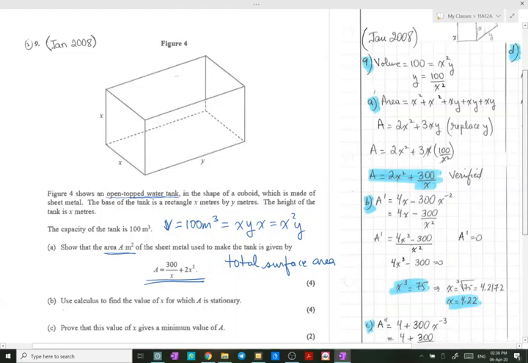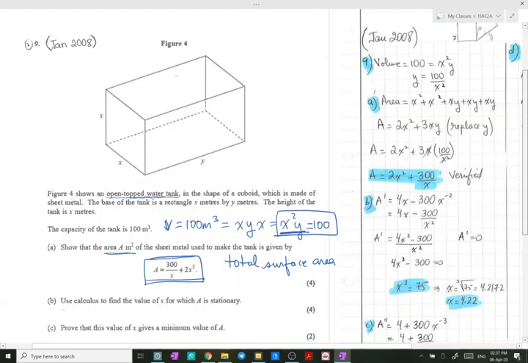So we start with finding the volume, and when we find the volume, it's going to be x squared times y equals 100 meters cubed. We will see now that we're going to use it, because if you look at what they want us to reach with respect to the expression of the area, it doesn't contain y, so it only contains x, so it's area in terms of x.